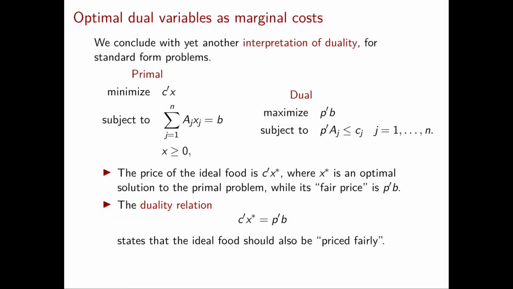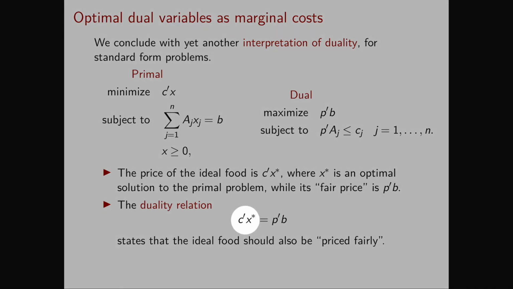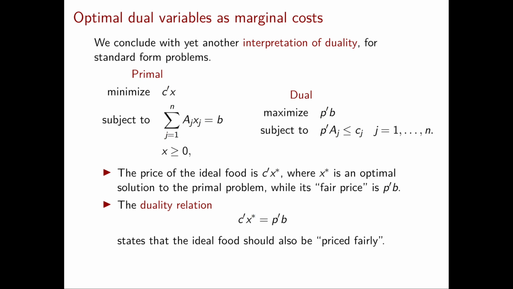Now, from our duality theorems, we know that the optimal cost of the primal, c transpose X star, is equal to the optimal cost of the dual, which is p transpose b. In particular, this equality tells us that the cost of the ideal food is equal to its fair price. In other words, the ideal food should be priced fairly. And this concludes our video on the economic interpretation of the dual variables.